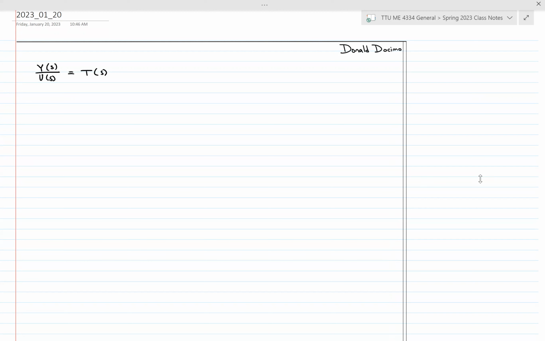So I want to solve for y of t. Inverse Laplace transform right away. So first we need to move the u of s over, right?